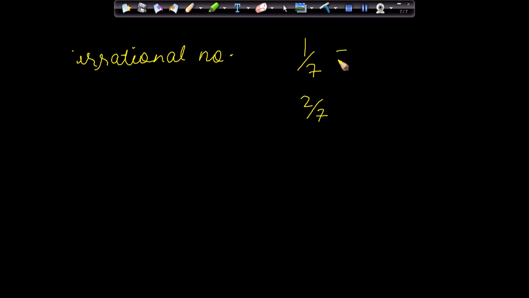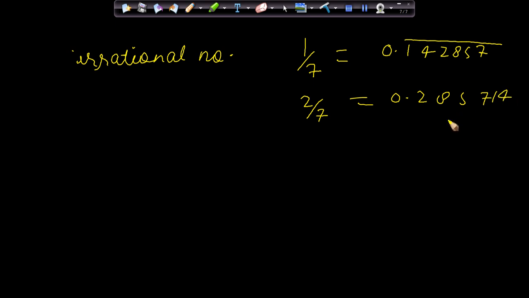1/7 can be written as 0.142857, and 2/7 can be written as 0.285714, and this will also repeat itself.